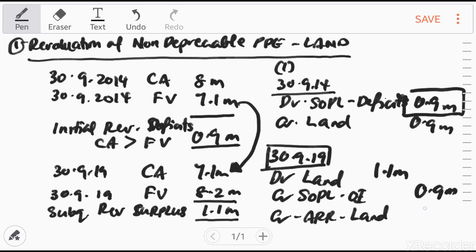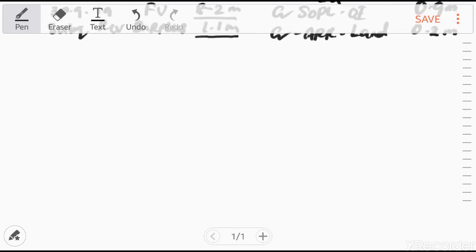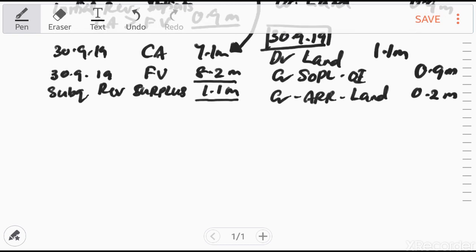And the remaining, which is 0.2 million, will only be credited to the ARR. So we are done with requirement number 1. Okay. So we are done with that. Number 1. Let's look at information number 2.